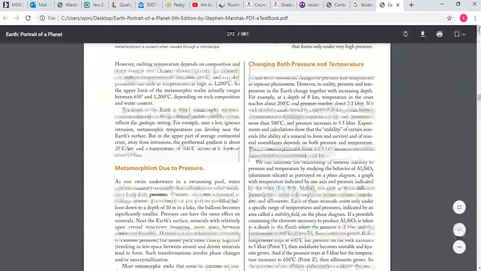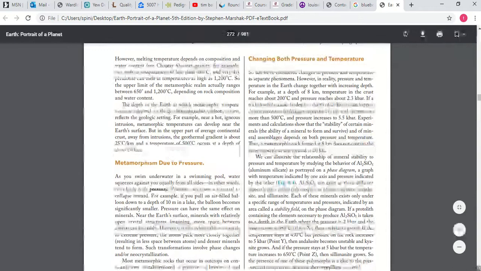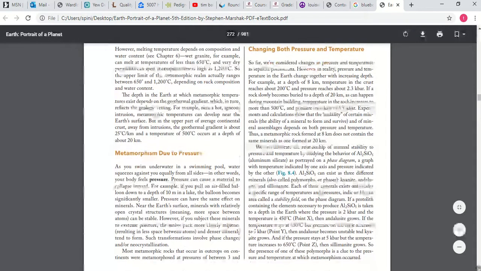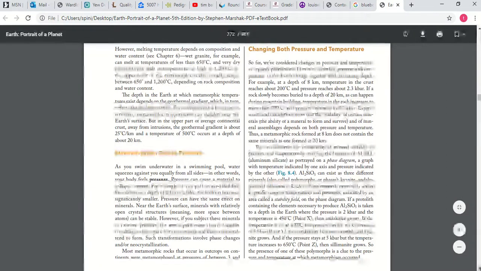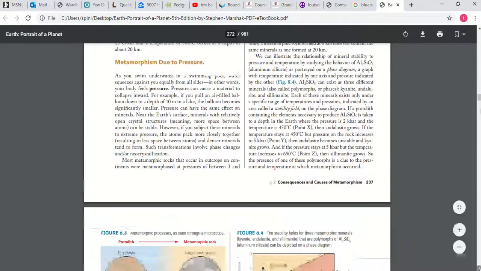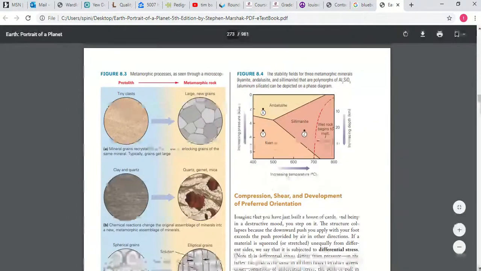Or you can increase the temperature and pressure at the same time, like with, say, rocks that are buried. So there's a lot of pressure on them already. And then suddenly you get a pluton of molten material coming up from somewhere. Possibly it could form a volcano, maybe it doesn't form a volcano, but it adds a great deal of heat inside the earth. At that particular point, then you can definitely get some very interesting metamorphic rocks.